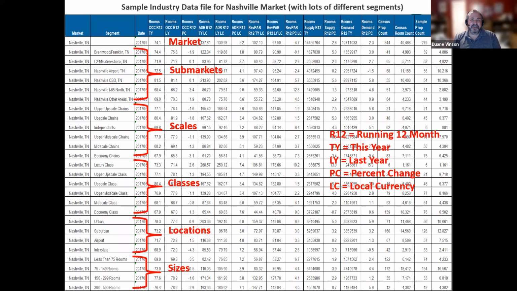If you want to compare that to other Asian markets or other markets anywhere in the world, in the comparable markets component of the market study, you can use US dollars as your common currency when comparing ADRs, RevPARs, or room revenue figures, okay? So you have both there in that file.